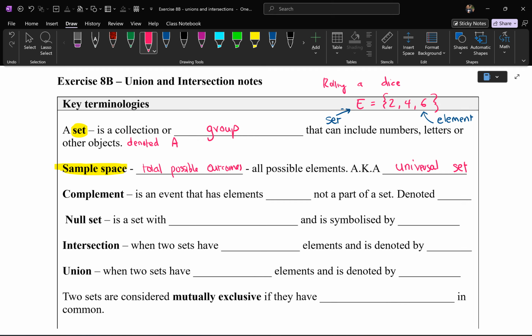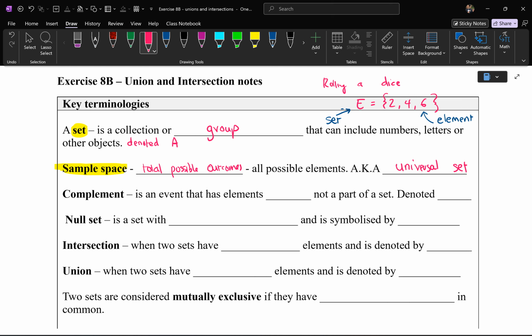So remember, set means a group. But when you say universal set, which means universal group, it means that this will have all the entirety of what you can possibly have. So rolling a dice, universal set is 1, 2, 3, 4, 5, 6. Flipping a coin, the universal set is heads and tails.